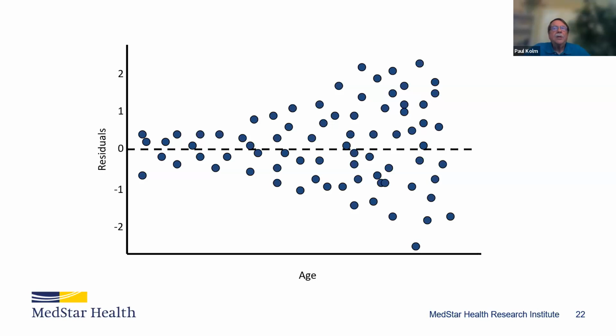But as age increases, the residuals increase, and they increase quite dramatically. So in this case, we'd have to go back and do something to adjust for this or take care of this.